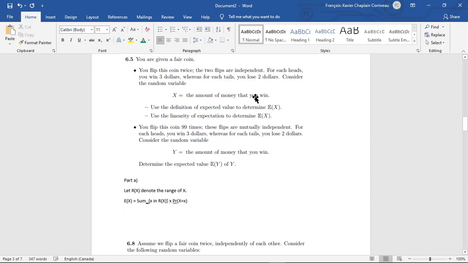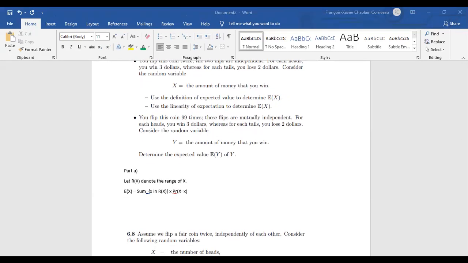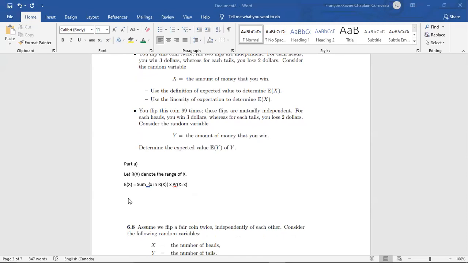Take the word win lightly. This is really more about the expected earnings. You could have a negative winning, right? So here, just be careful.